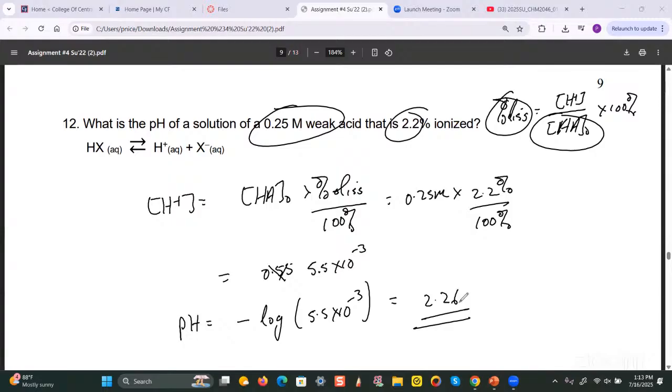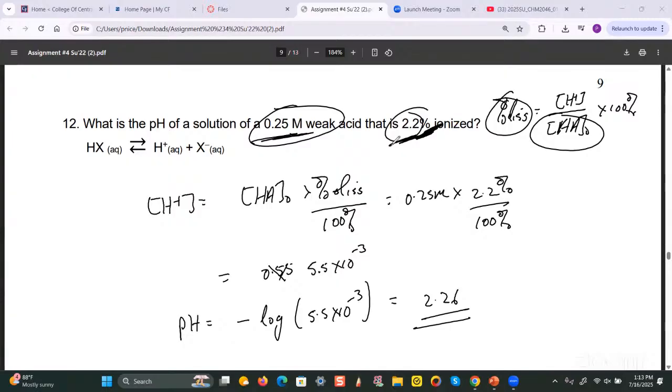Questions about this one? Yes, sir. Because the percent dissociation of 2.2%, that since it's less than 5, we just use 0.25 to equal to the... No, 0.25 is the molarity. That's something different. That's not a percentage. The 0.25 in this question is the initial molarity of the acid. This is the percent dissociation.